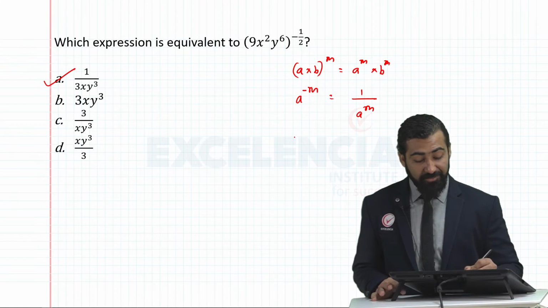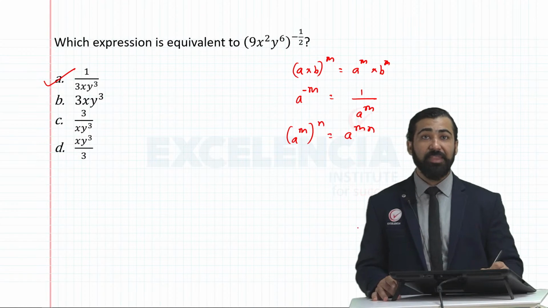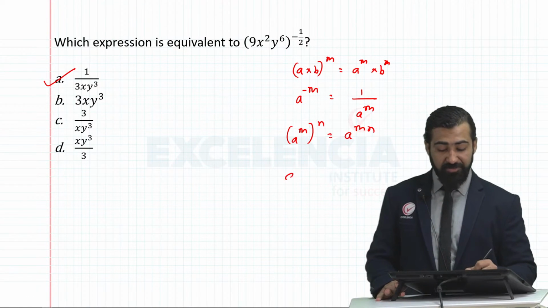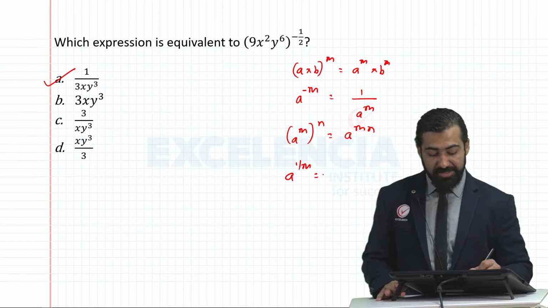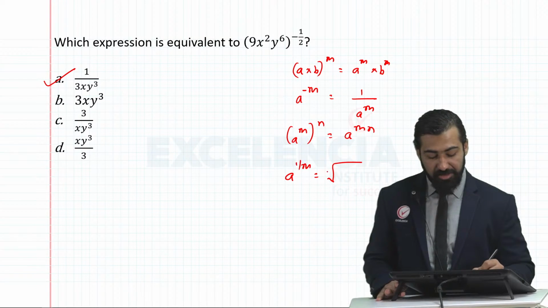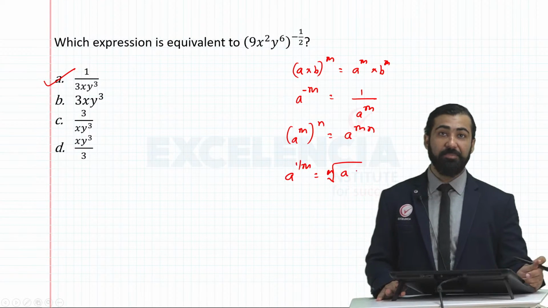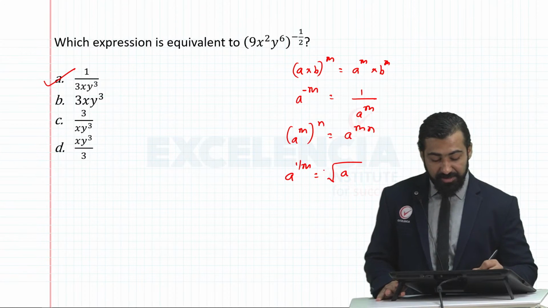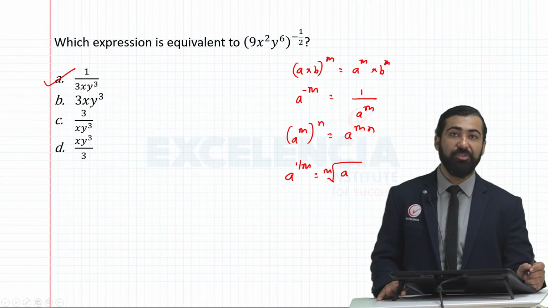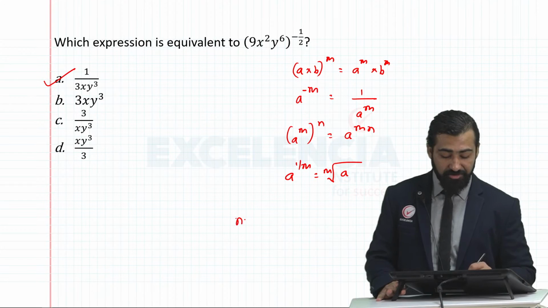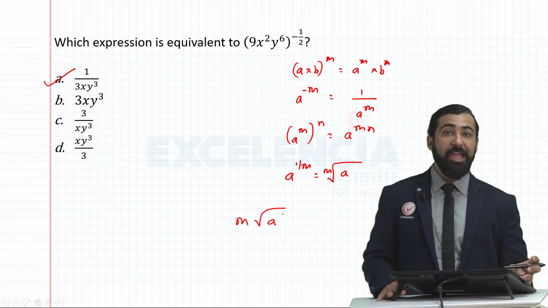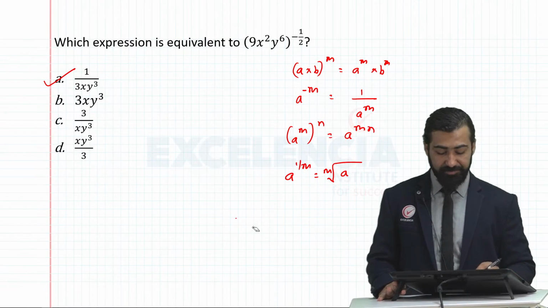Third, (A to the power m) to the power n can be written as A to the power mn. And lastly, a fractional exponent is equivalent to taking the mth root of that number. Since my fractional power is 1 over m, it's the mth root of that number. Do you remember, the mth root of a number is distinct from m times the root of that number.